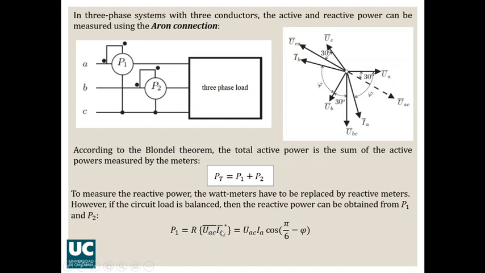As we have a conjugate here, the product would be minus pi over 6 plus phi. But as you know, the cosine of one angle is the same as the cosine of the opposite angle. So that's why we can change from minus pi divided by 6 plus phi to this value here.